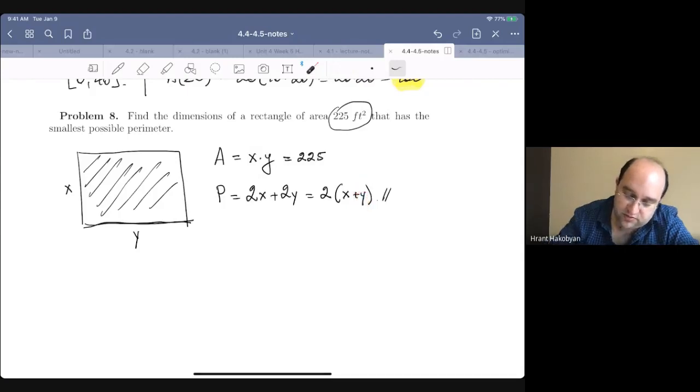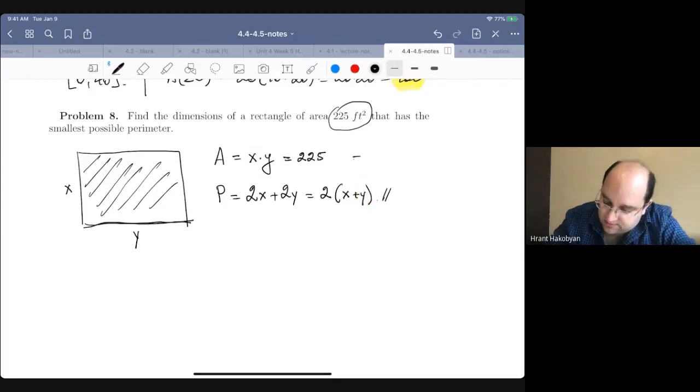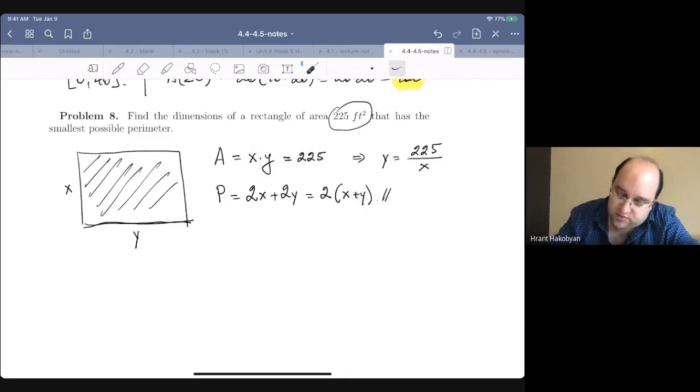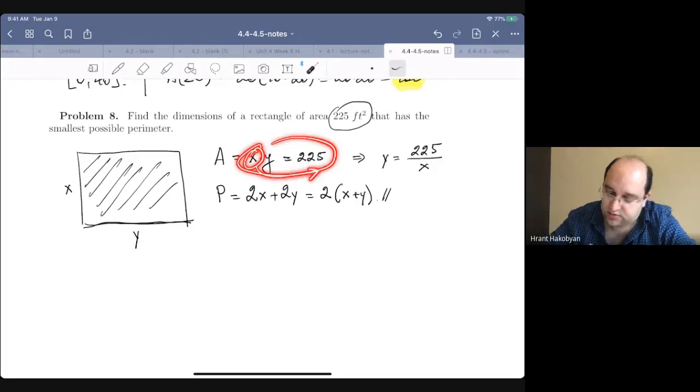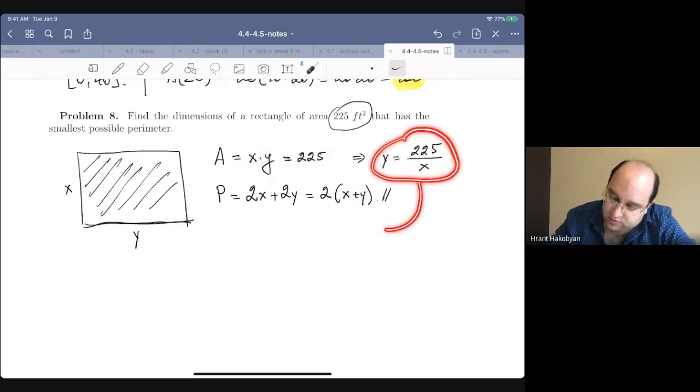So let's do that. y is equal to 225 divided by x, right? Divide both sides of this equation by x, so move this x under 225. And then I'm going to plug that into here.